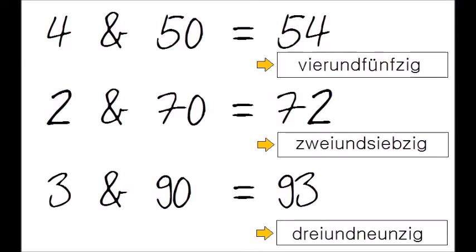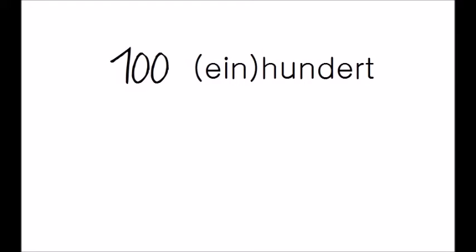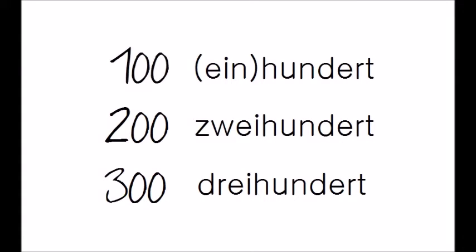Now, from 100 on, there's a little twist, because Germans probably thought that with numbers of 100 and above, it's kind of impractical to start with the units. So the system changes to the amount of hundreds plus the word hundert, which is 100 in German. 100, 200, 300, and so on.